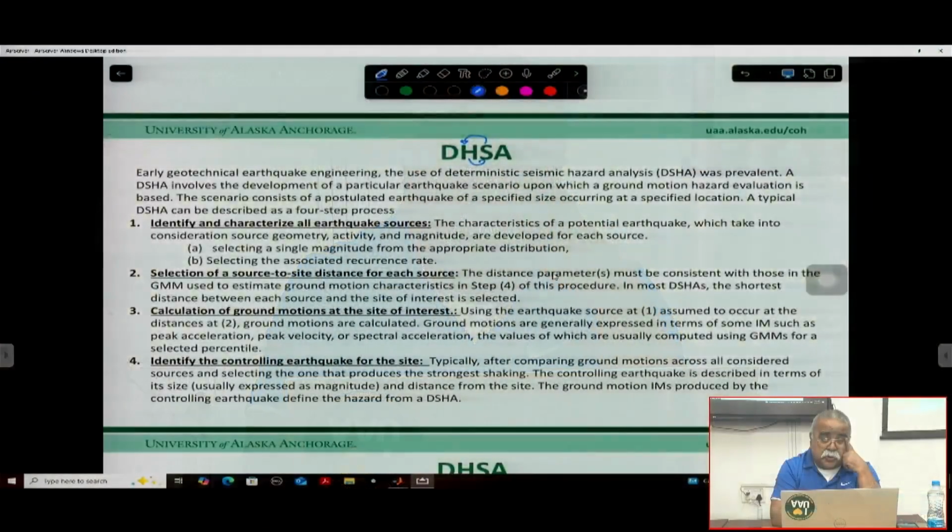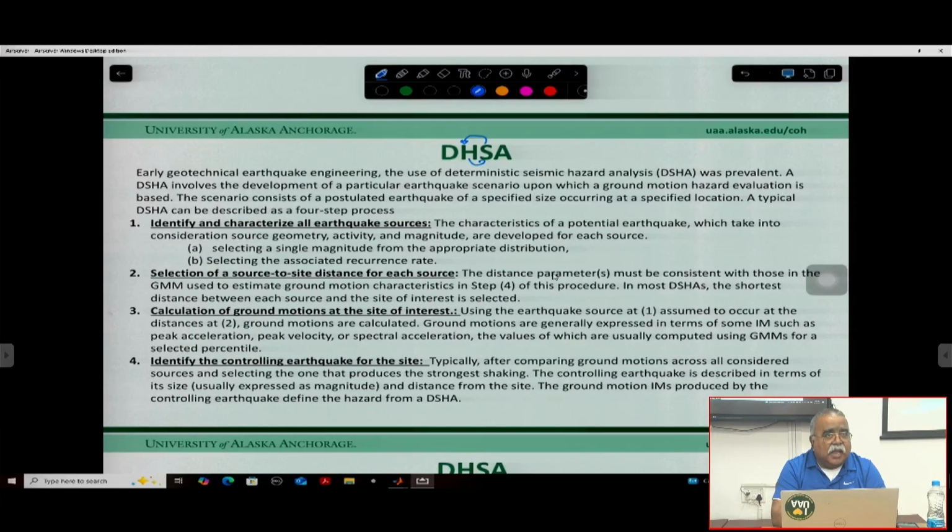Okay, so it's only one fault, one magnitude, one distance, and calculate it. So that's totally deterministic. That means you know this is the value of the distance, this is the value of the magnitude, and use the attenuation relation and compute its exceedance, right? So that is your totally deterministic values.